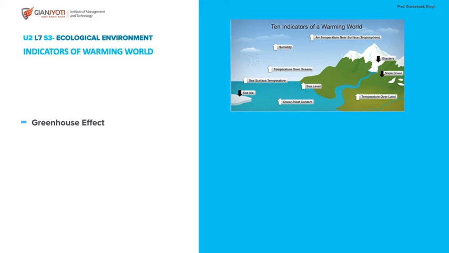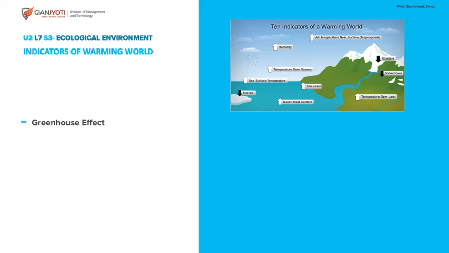Now there are around 8 indicators which tell us that our planet is warming fast because of the greenhouse effect. As you can see in this diagram, the sea ice is melting fast.